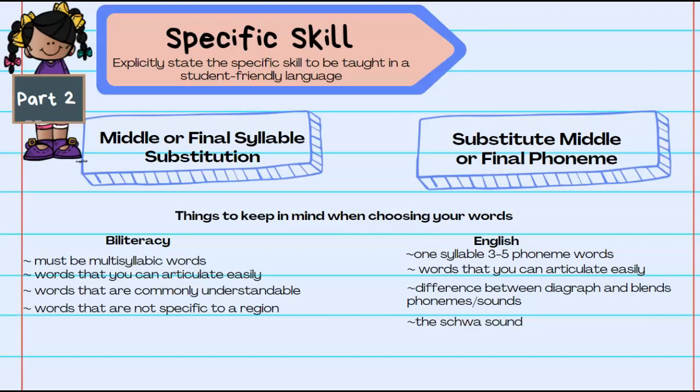Well, that is incorrect because the C and the L do not work together as one sound. So if we really say the sounds correctly for the word clap, they would be the following: k, l, a, p. So the word clap actually has four sounds. Okay, so be very careful of the words you choose in terms of making sure that they are one syllable words, but also making sure they are words that contain between 3 to 5 phonemes.